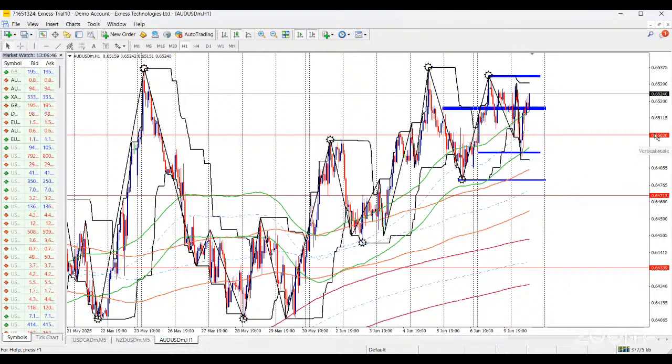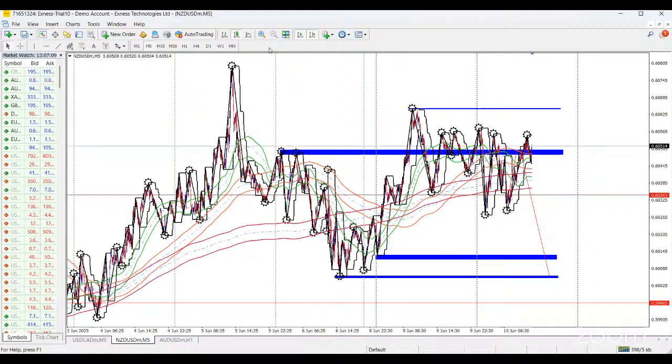These different horizontal lines are what we've drawn on the H1 time frame. So 0.65026, 0.64713, and 0.64339 are the levels we're looking out for, and they stand the same. Nothing has really changed. My bias has not changed still.